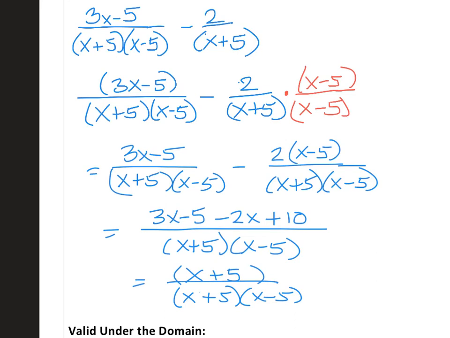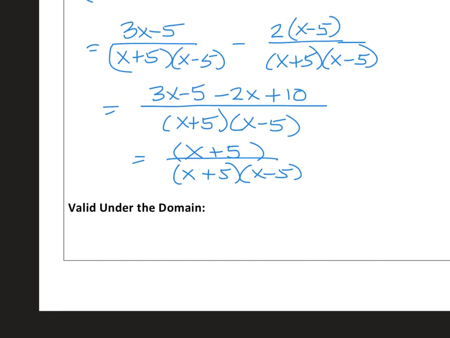And I think you can see what's coming now. In this case, we're now ready to simplify. I have 1x plus 5 on the numerator and the same common factor in the denominator, so they're going to cancel. And so all of this simplifies to 1 over x minus 5.